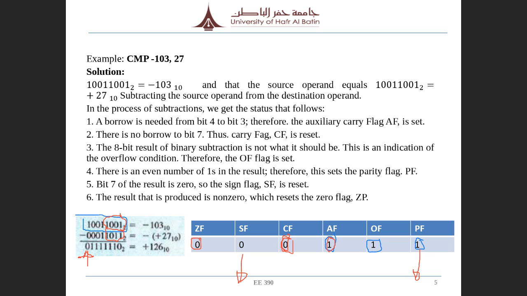Try to understand these two examples, how the flags become set and reset based on different kinds of arithmetic and logic instructions. Like one of the arithmetic instructions is compare. This is the same thing as subtraction, because subtraction also does the same thing. So is that okay, right?